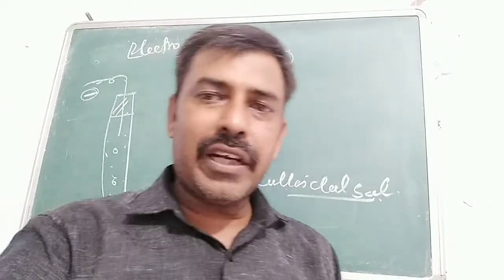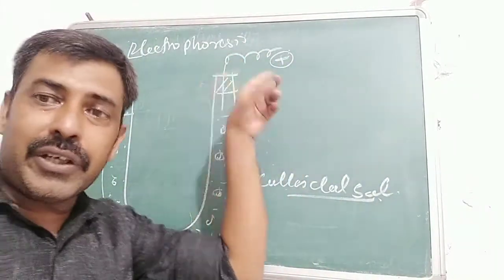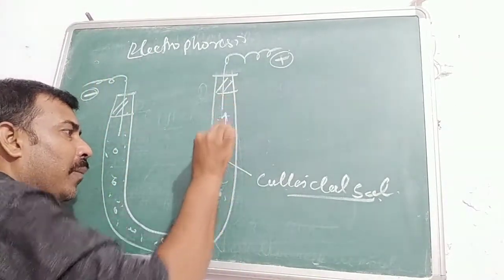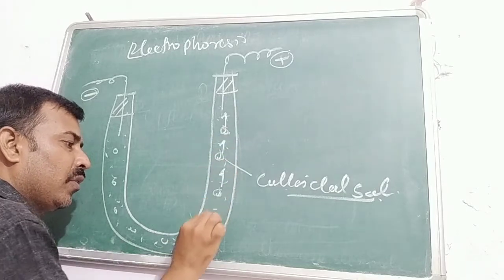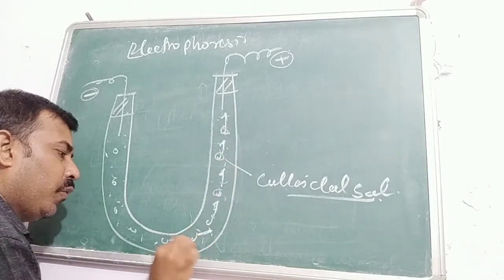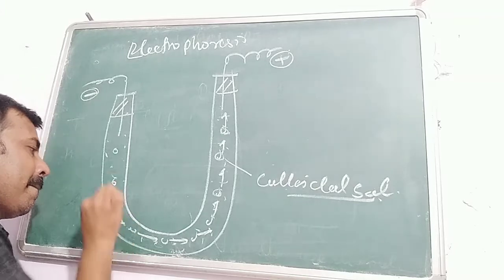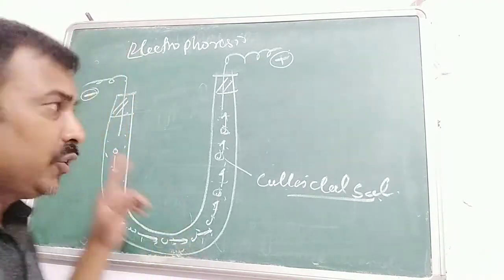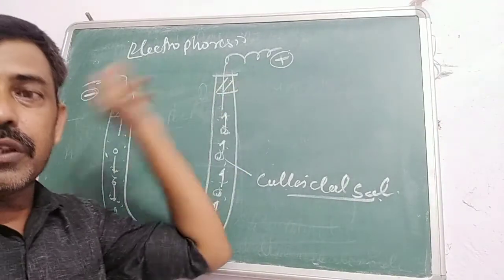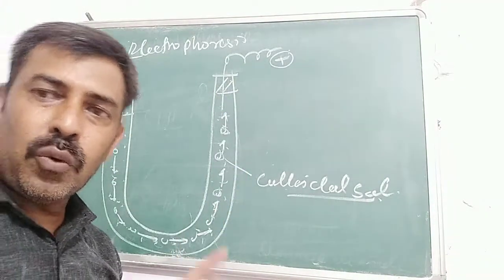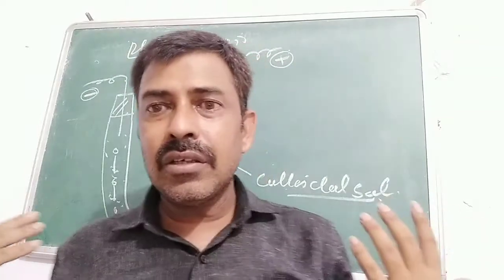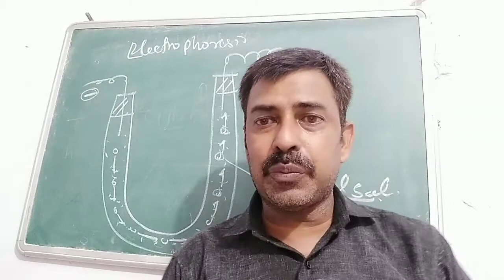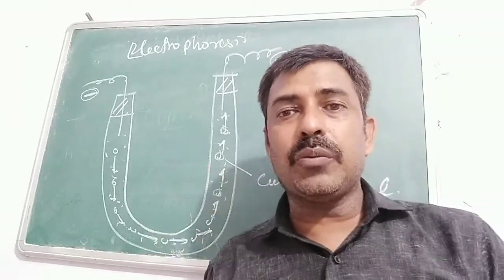So when we connected the system, what happened? We find that all the colloidal particles start moving towards a specific pole. In this case, you can see that all the particles are moving towards the positive pole.